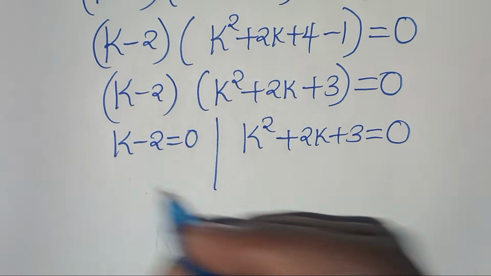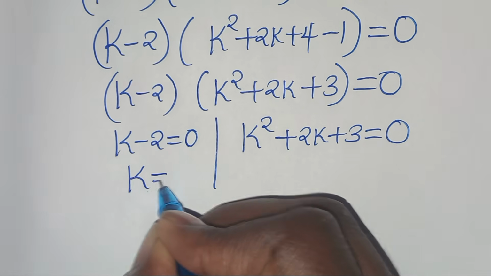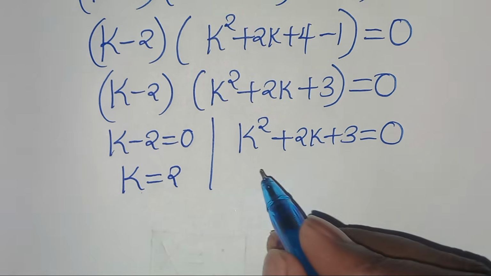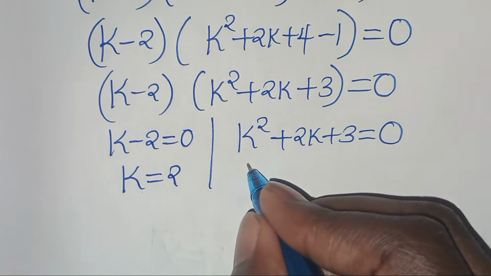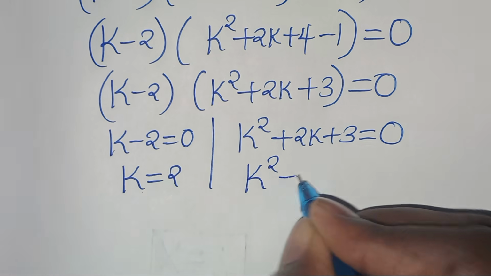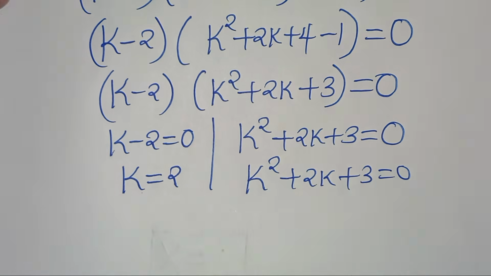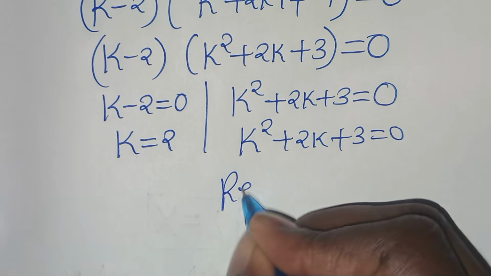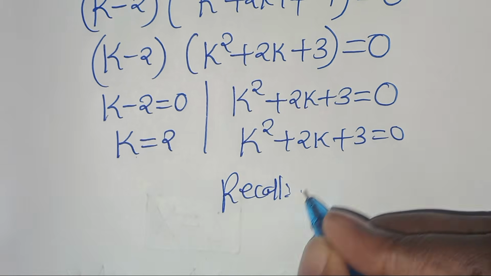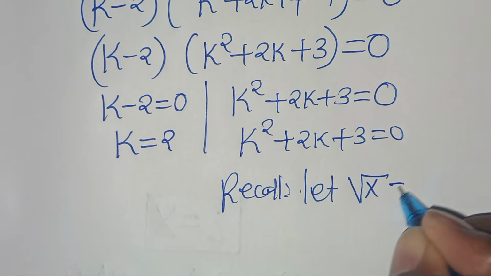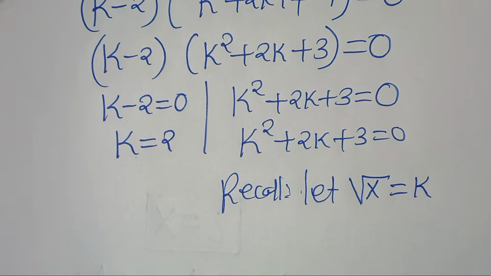So this is to mean that we have that k is equal to 2. Now the second part here is a quadratic equation, which is k squared plus 2k plus 3 equal to 0. Now if you recall, we let square root of x be equal to k.